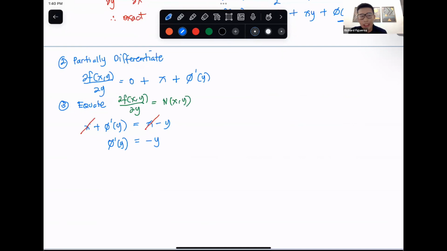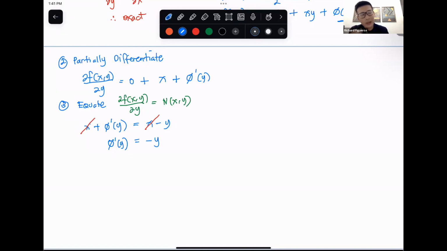So pag inequate mo siya, you'll be able to check your answer is correct if, let's say this one is a function of y, dapat ang matira dyan, puro y. Kapag may natirang x dyan, there's something wrong on what you have done. Kung sa kabila naman, pinili ko is n function, then inequate ko siya sa m.